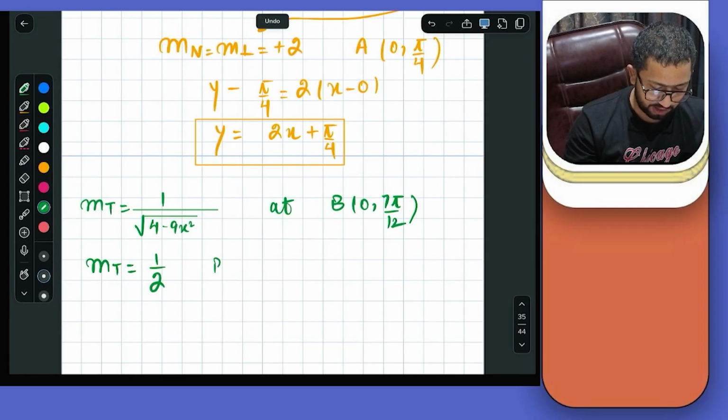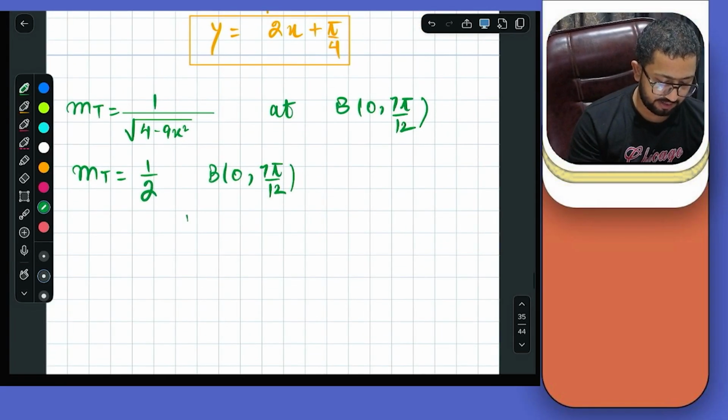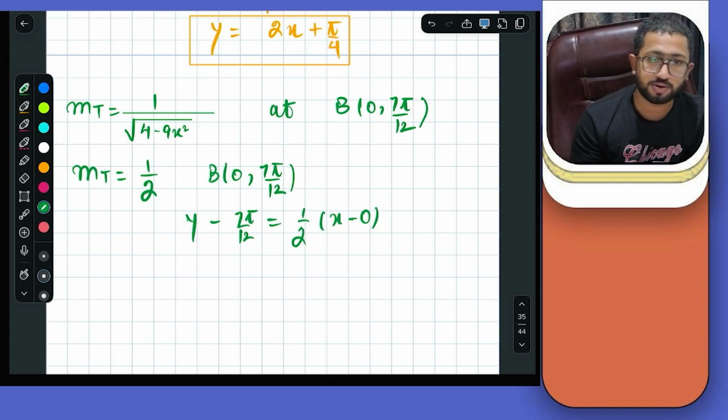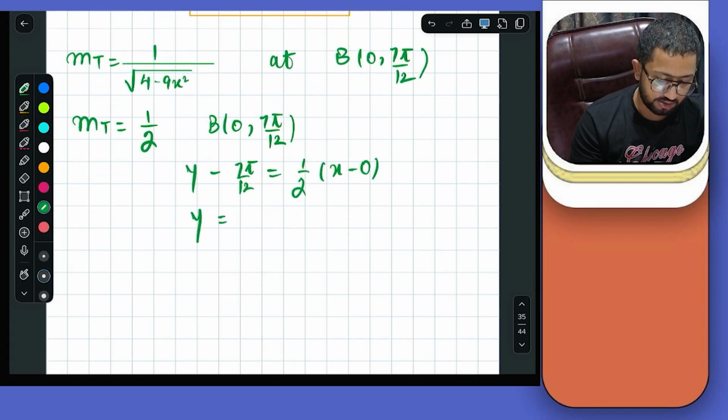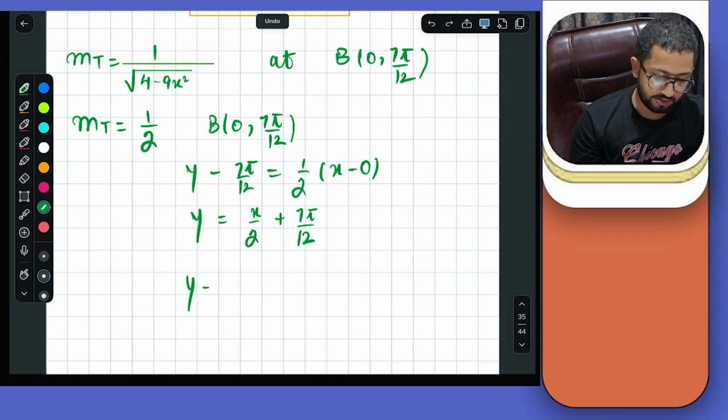Use this point to find the equation of the tangent line. I don't think now there is an issue. Let's move forward. y minus y1 equal to m times, everyone knows, x minus x1. Hello, keep your eyes on the screen. So x by 2 plus pi by 12 actually. So okay, done.